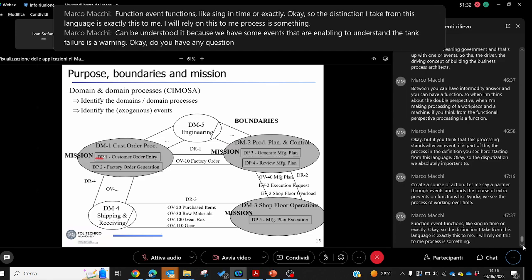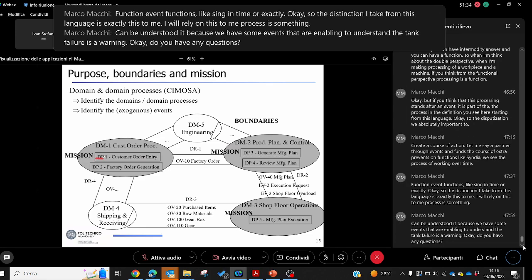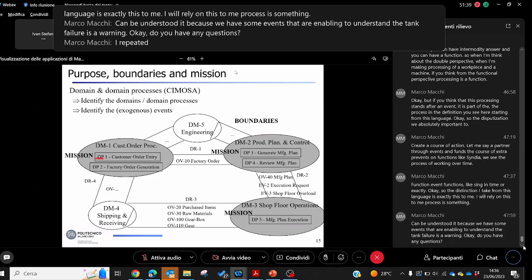Yeah, can you repeat the discretization fundamental importance? I repeat, but I invite you just to use an example to understand.